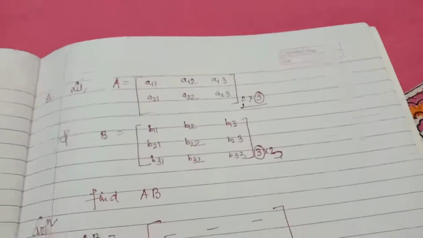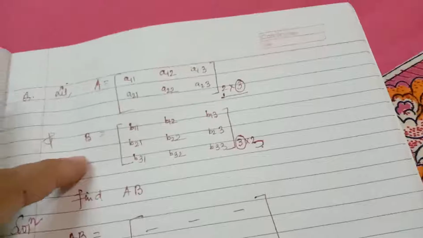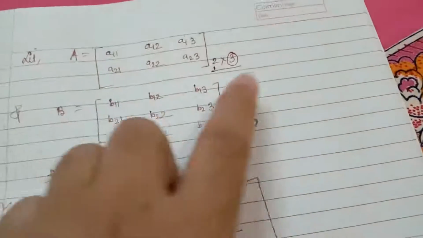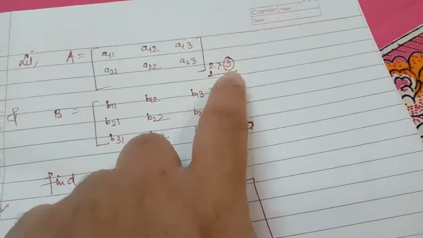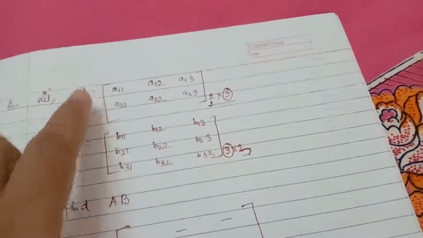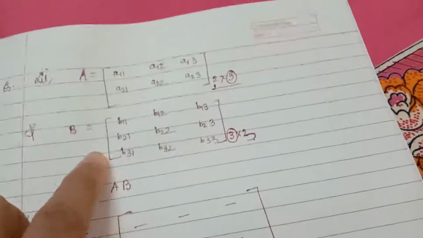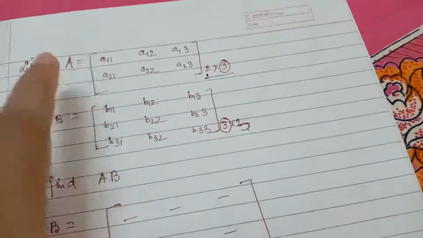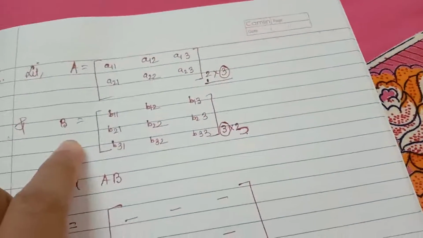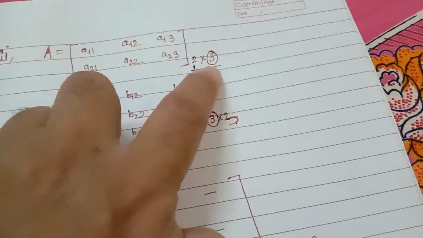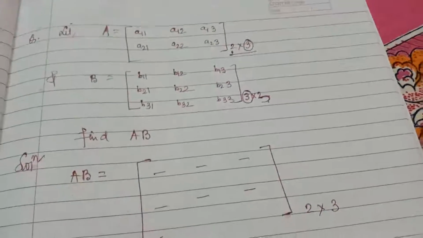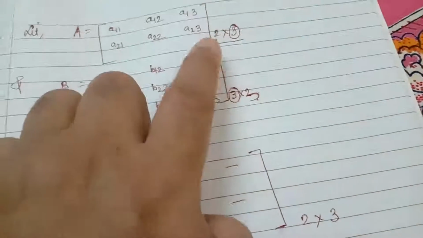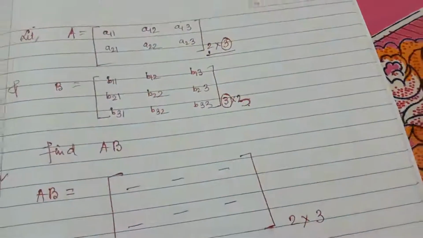So the product of two matrices A and B will exist if the number of columns of the first is equal to the number of rows of the second. Unless these two are equal, multiplication of two matrices is not possible. So if these two are equal, A into B will exist. The order of AB will be 2 by 3.